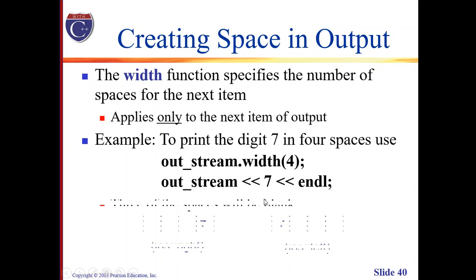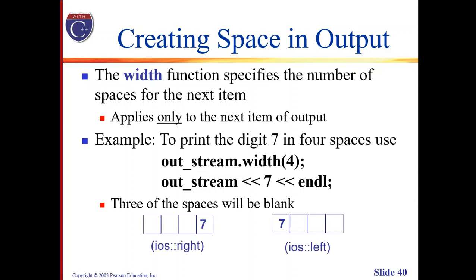So what will be the result? So for example, since we are only trying to output a single digit and we set the width to 4, this is what will happen if we use the following flags. So let's say use the following flag, IOS right, as compared with using the IOS left flag. So this is how spaces will be output using the following.